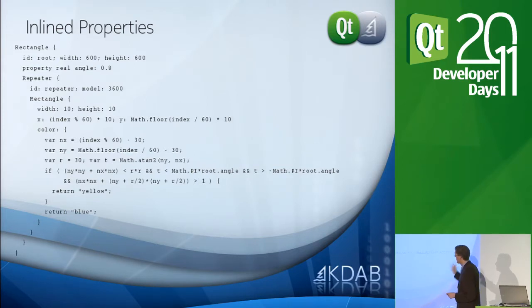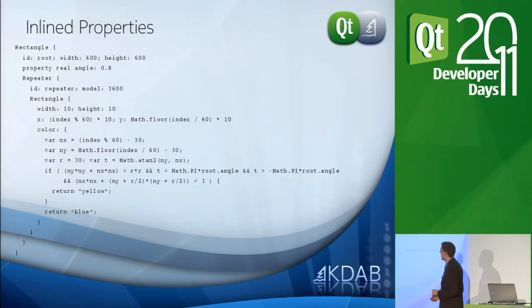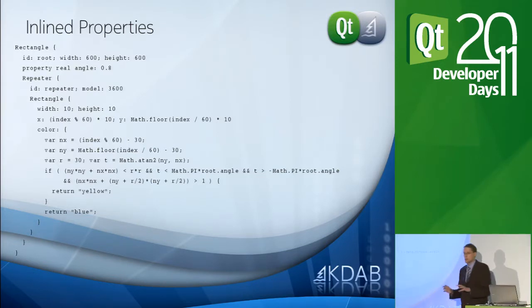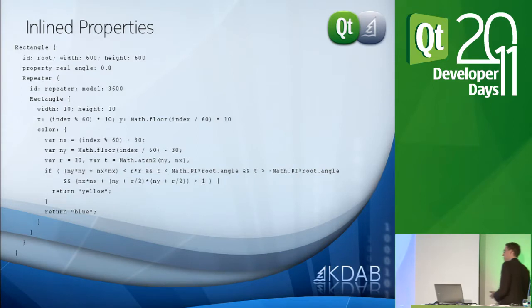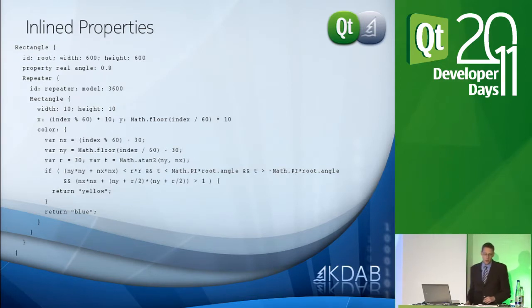The constants are inlined where possible to reduce the number of bindings to top-level properties. And you see we moved a lot more stuff into the JavaScript for the color. This is, of course, not the nicest way to write code, but that's something you would only do in real hotspots in your application.